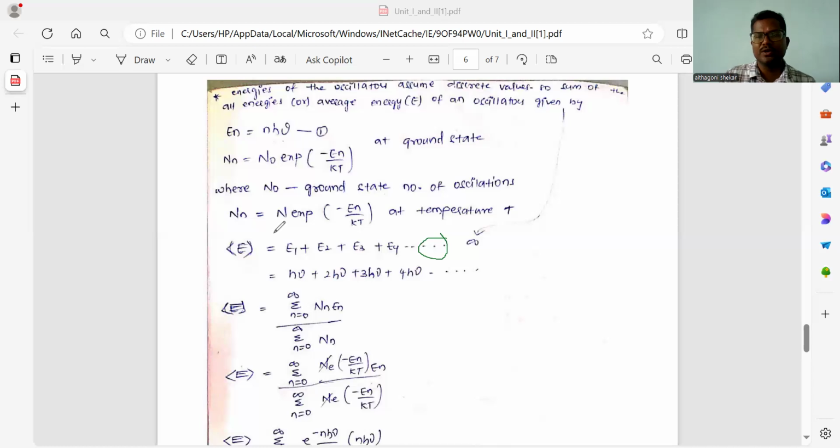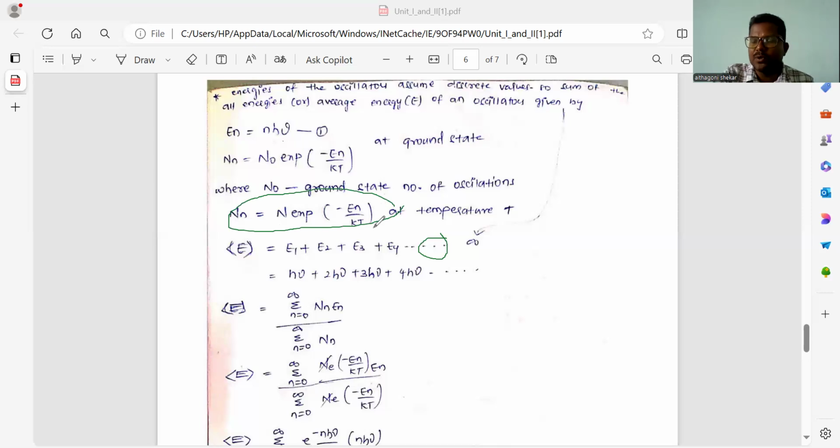So we want the total energy in the black body. There are N atoms oscillating at the absolute temperature, and according to the Maxwell-Boltzmann equation, Nn equals N0 times exponential of minus En by kT.